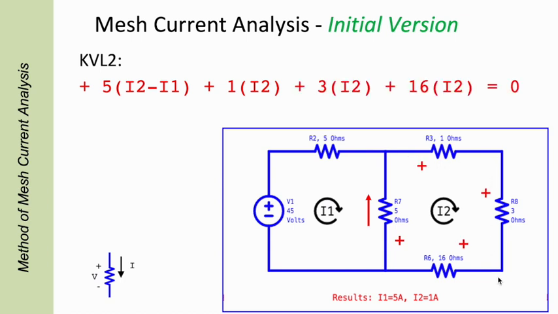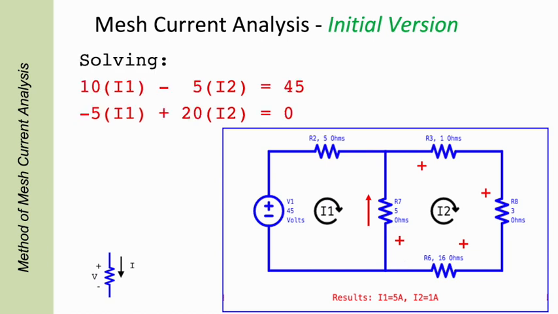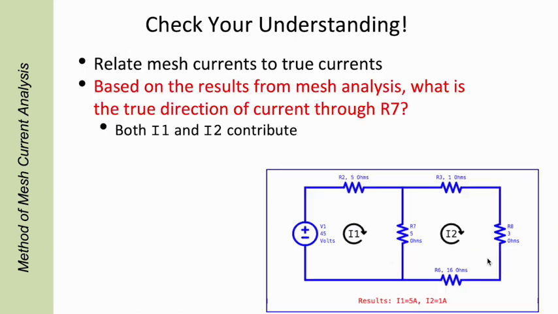Similarly, for the remaining terms associated with the second mesh, there is just that single current I2. Simplifying the algebra, we have this. Solving gives us 5 amps for I1, 1 amp for I2.